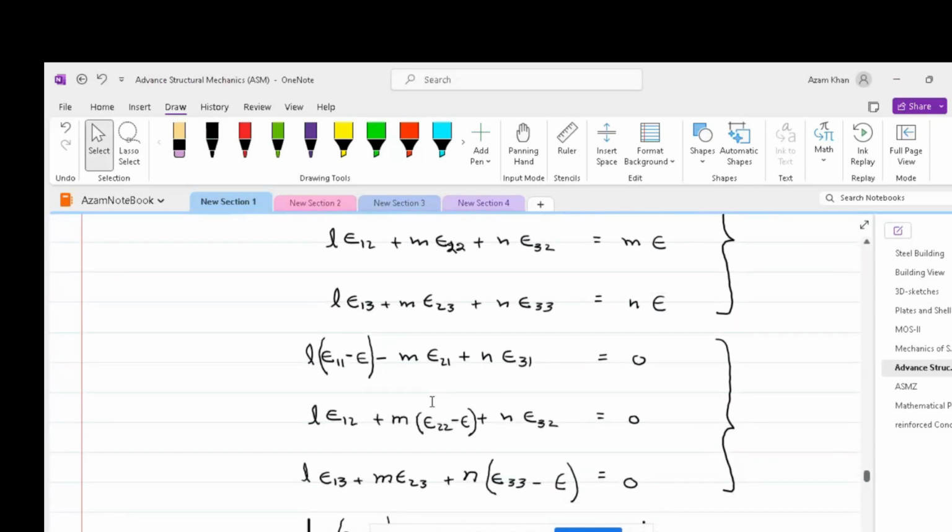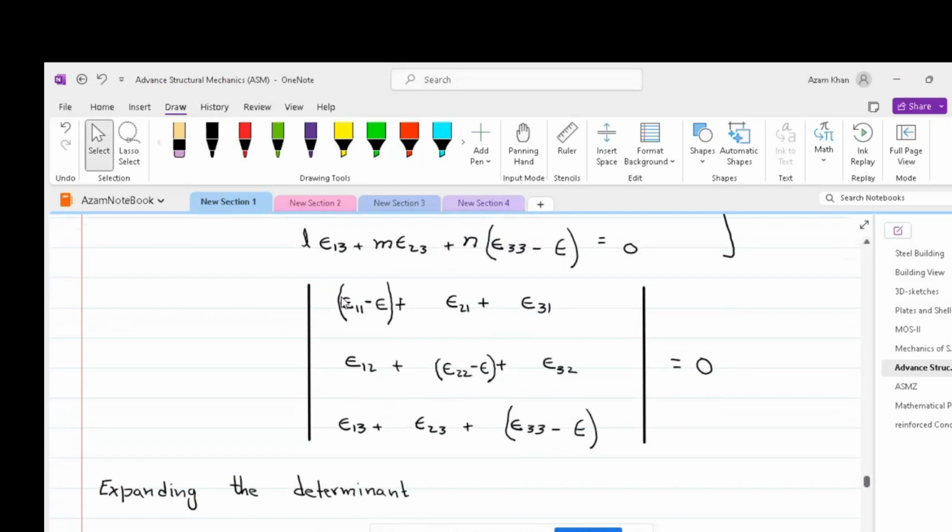That is the reason we get the determinant of all these three equations equal to 0. Please note, having the determinant of any equation set equal to 0 means that the equations are not independent. There is a minimum of one equation that is dependent on the other two equations.